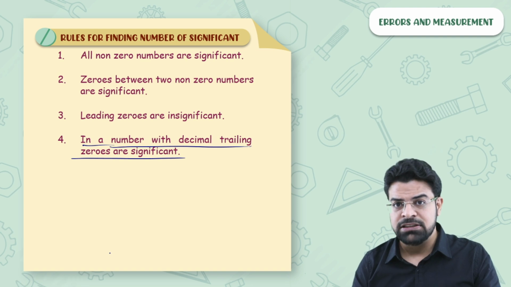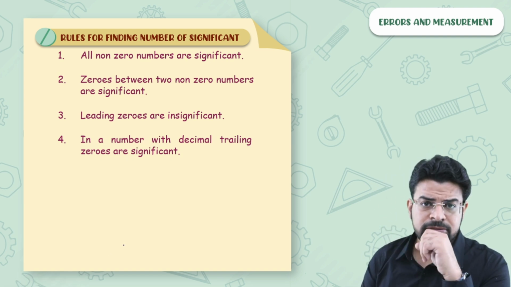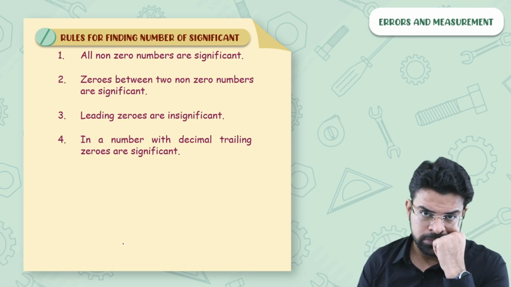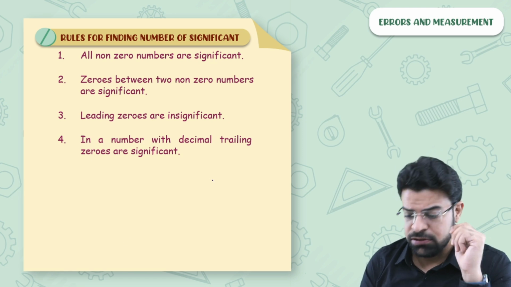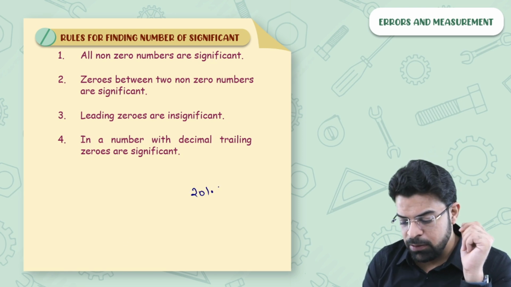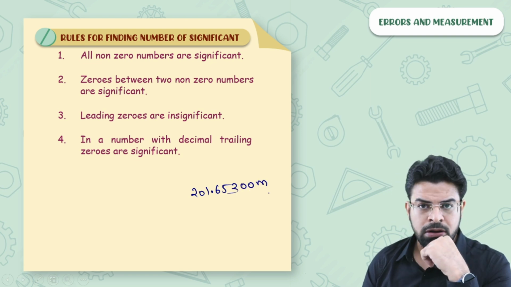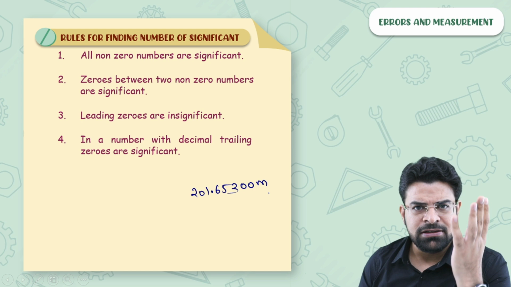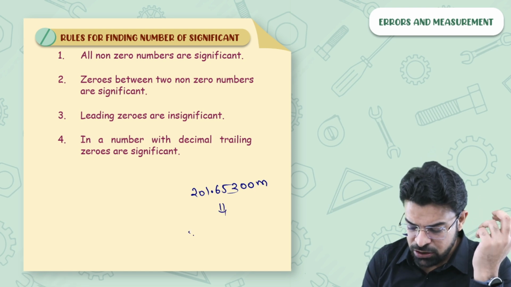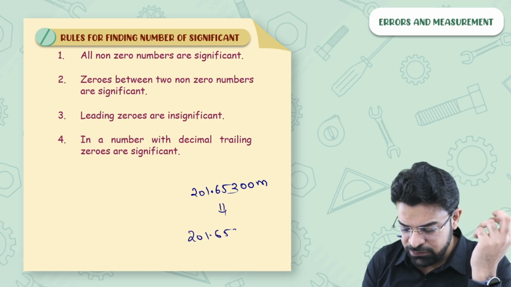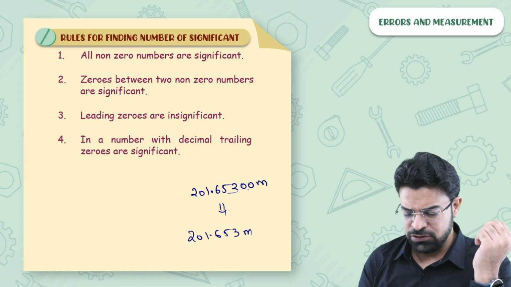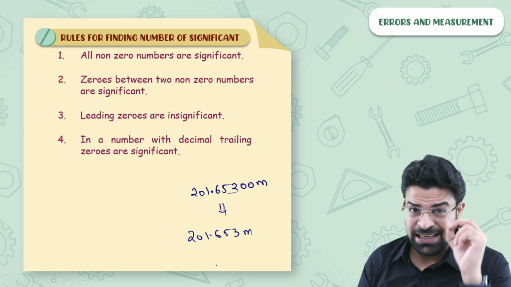And let's understand why. Let's say somebody measured a length and reported it to be 201.65300 meter. Now you will say, what type of an idiot is this person? He should have just said 201.653 meter. What is the sense of writing 00 here? There is a sense.